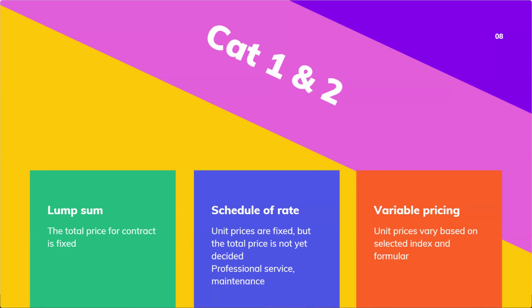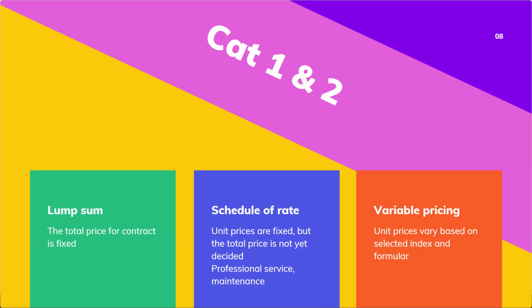With lump sum, it is simply a contract for a total price. And we often use that with a contract where we already know about the scope and the quantity that we are about to use. With a schedule of rates, we often use that when we know about the input and the unit price is quite stated, but we're not sure about the quantity to be provided.